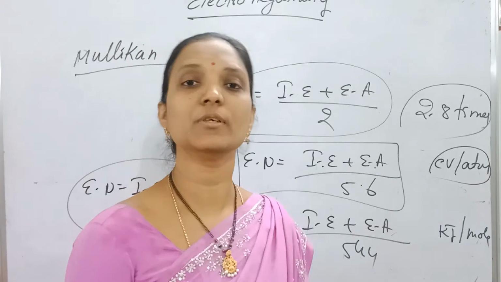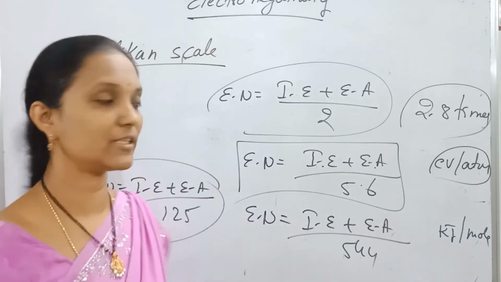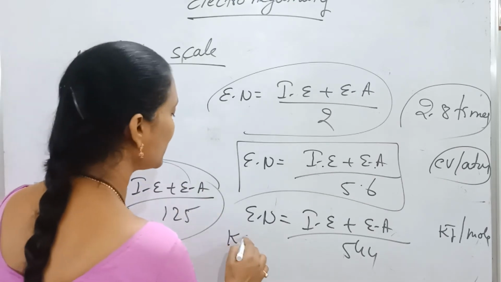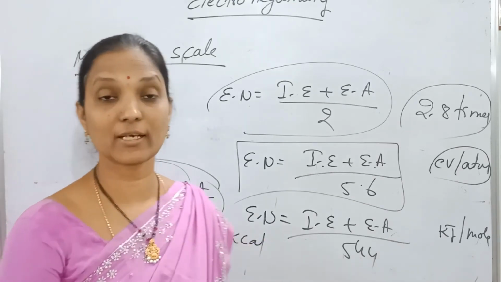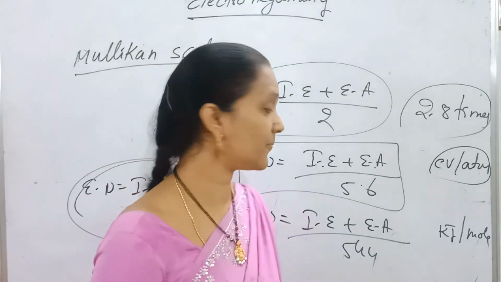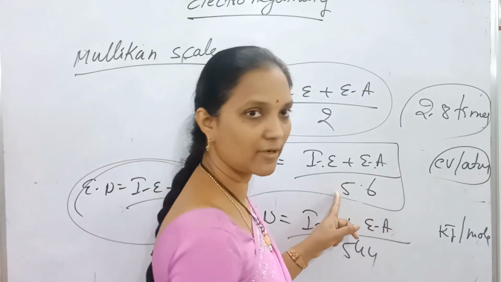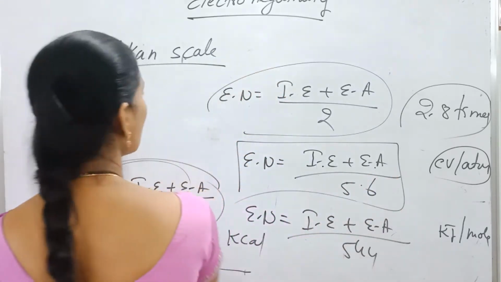It is 125.5 or some value, so we can use 125. If kilocalories are given, this formula; if kilojoules are given, this formula; if electron volts are given, this formula we have to use.